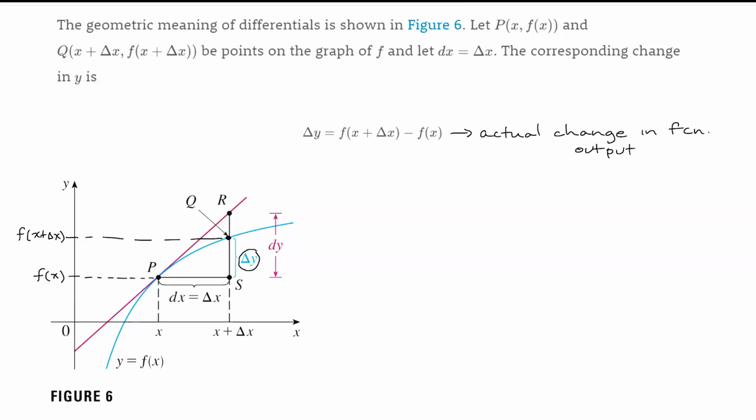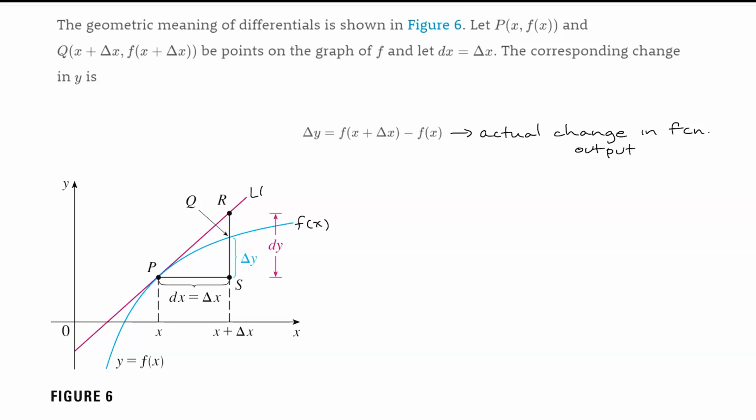All that is how much the output changed when the input went from x to x plus delta x. So it's designated in blue to go with the blue curve, which is f of x, right? And so if we increase our x by an amount delta x, which we can also call dx, then our y will change by delta y on the function f. Okay, let me erase that and go to the next part.